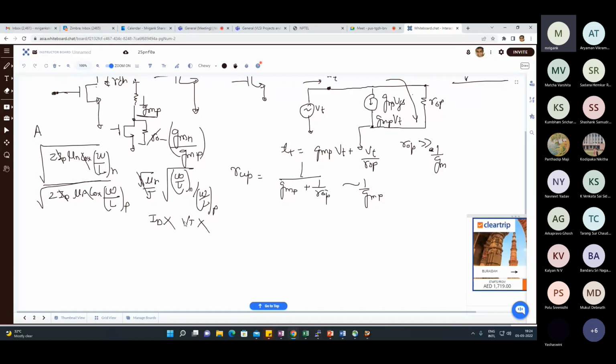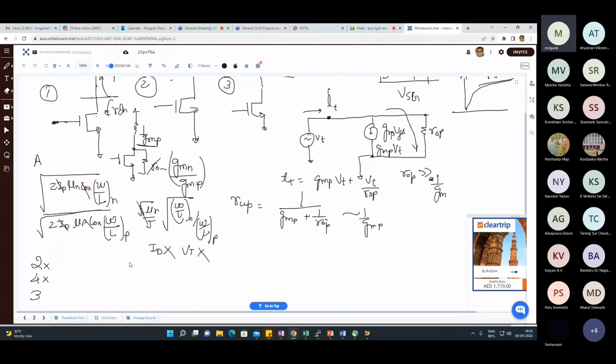At any stage, if you want a gain of exactly 2, or exactly 4, or 3, and you want a good, deterministic gain, this is one way of doing it. If you want a gain of 2, I will simply make the W by L of the NMOS 4 times higher as compared to the PMOS, so I will get a ratio of 2.